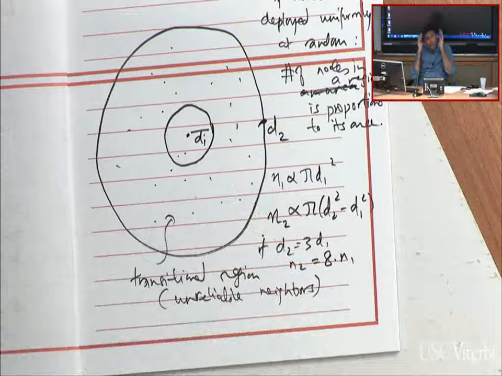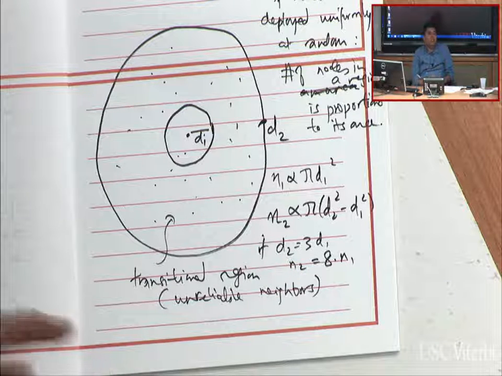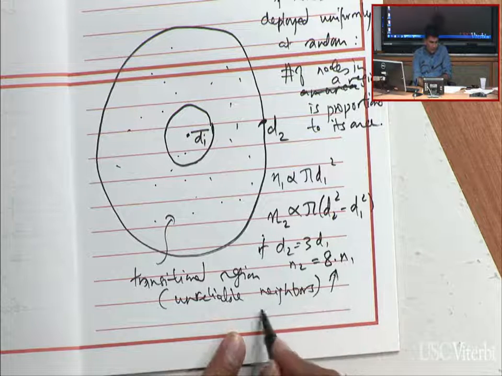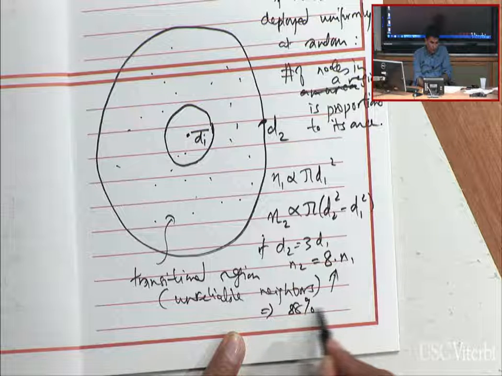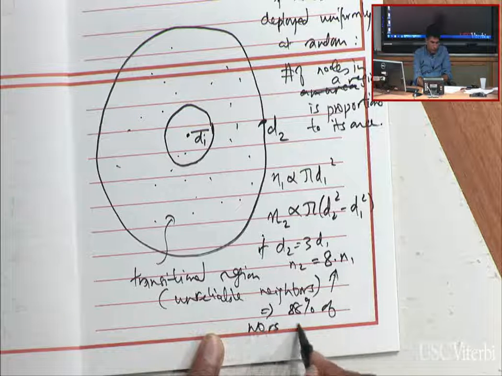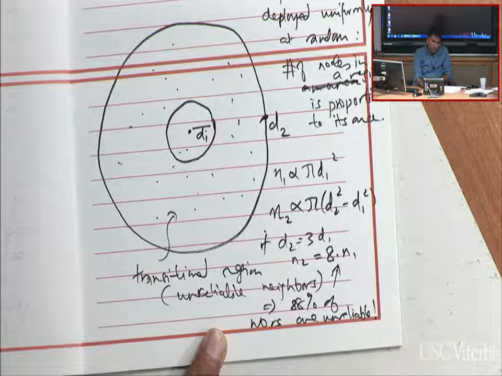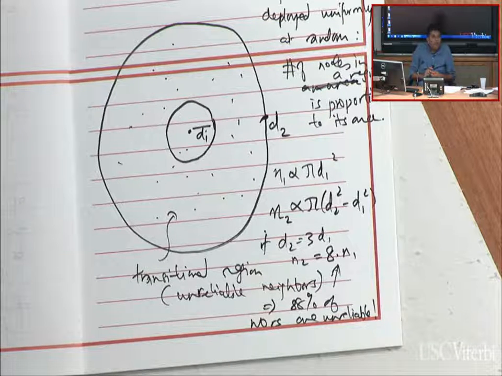So when I'm trying to create a multi-hop wireless network out of this, a lot of the nodes that I'm hearing from, I'm only hearing some of the time. 8 out of 9, 88% of the nodes that I'm hearing from are unreliable. Okay. So that's a pretty big deal.